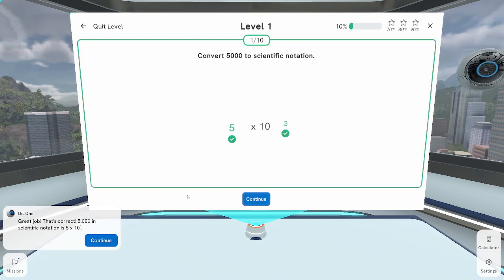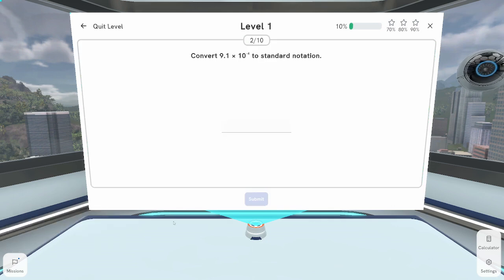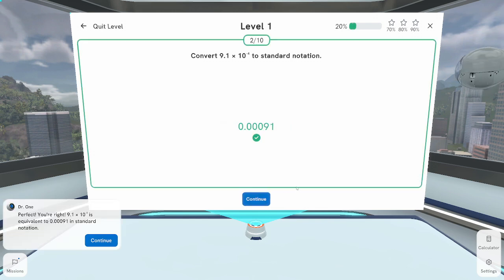Great job! That's correct. 5,000 in scientific notation is 5 times 10 to the power 3. Perfect! You're right. 9.1 times 10 to the power minus 4 is equivalent to 0.00091 in standard notation.